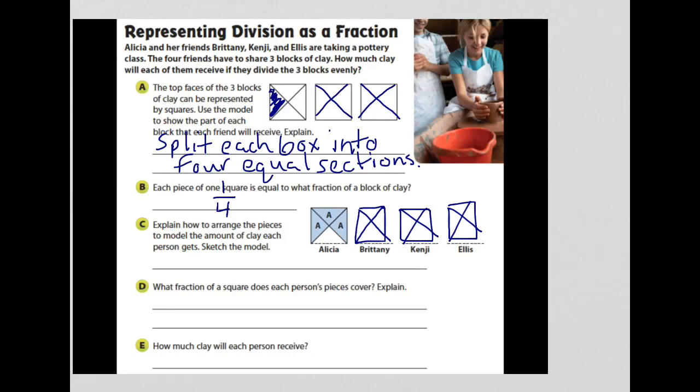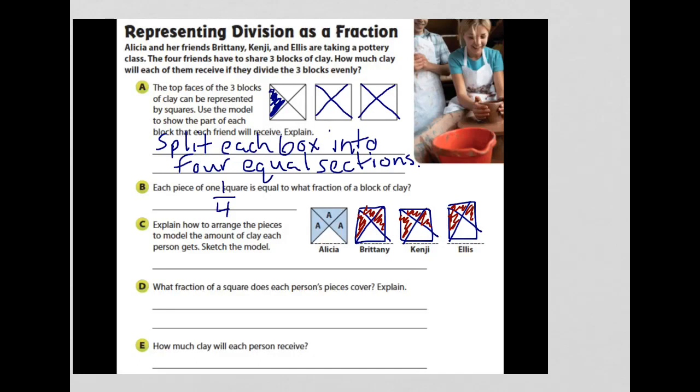Let me get another color. I'm going to shade in 1, 2, 3 for Brittany. 1, 2, 3 for Kenji. And then 1, 2, 3 for Ellis.